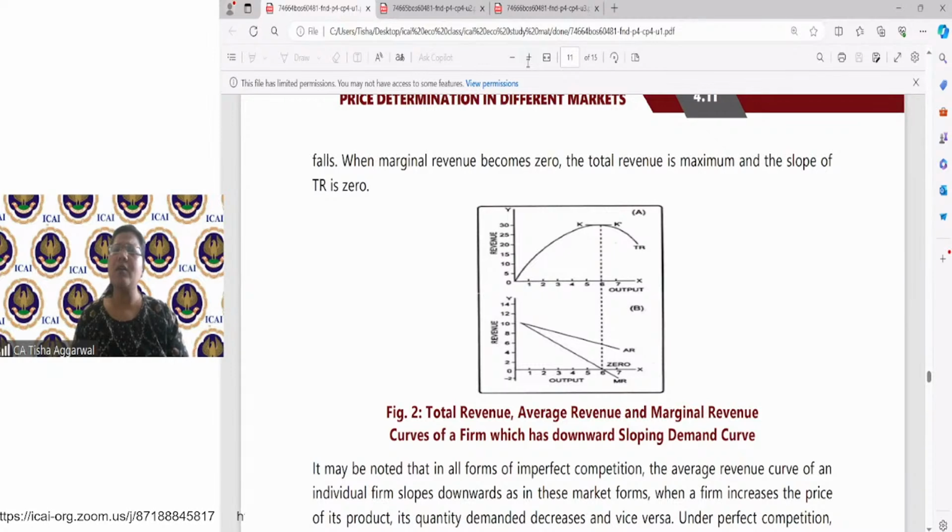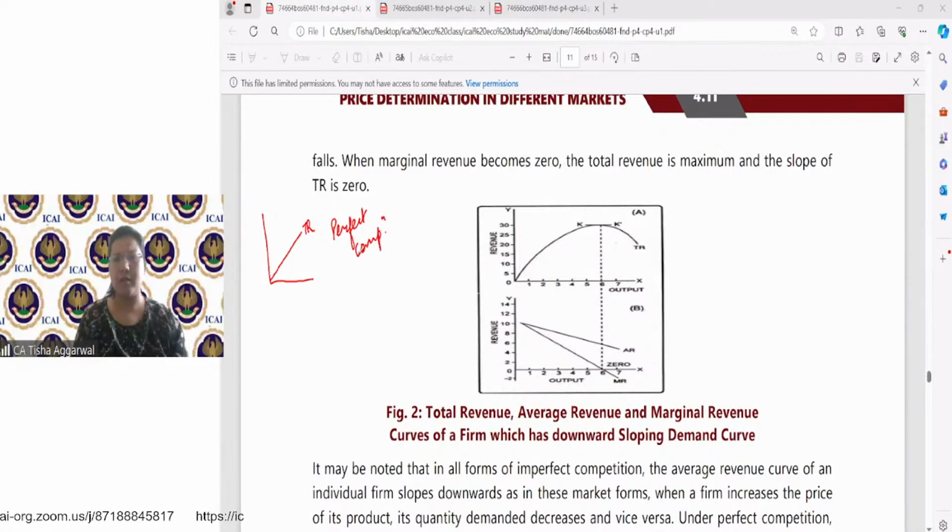When I talked about that particular diagram, look at this. This is the diagram of perfect competition. In perfect competition, our TR was this, our AR was this, which was equal to MR also. Why? Come on, why?